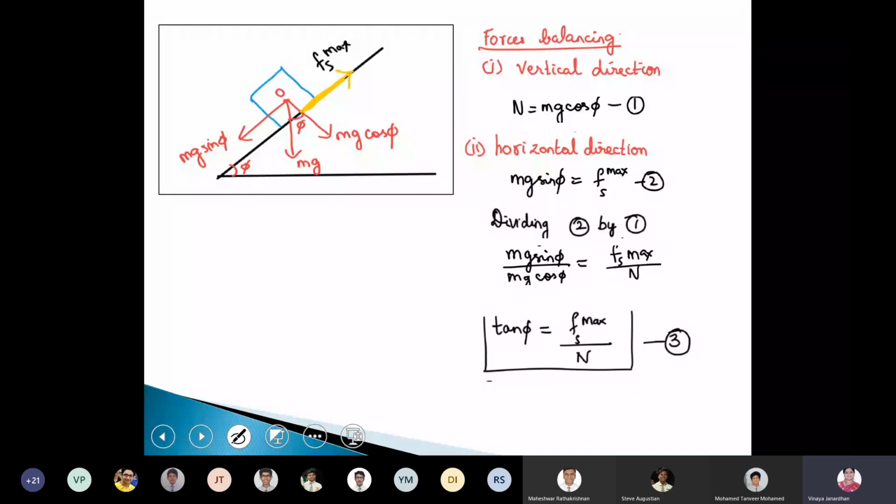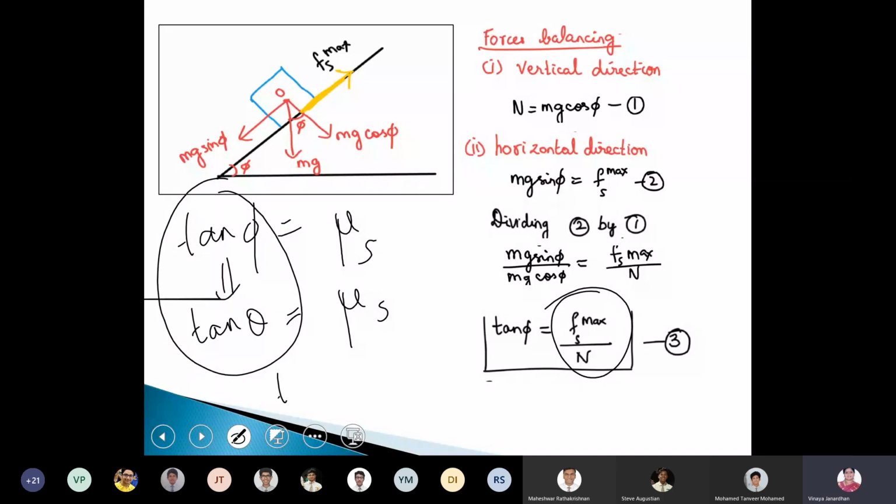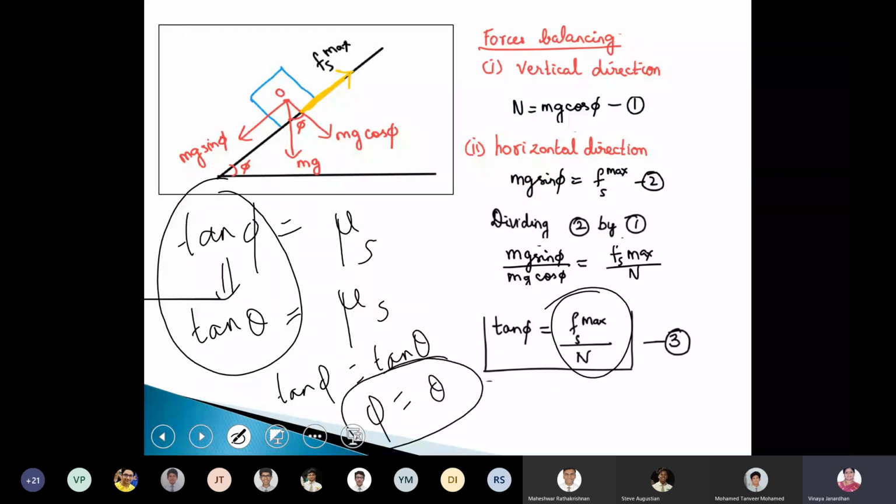Tan phi is equal to Fs maximum by N. So what is then tan phi? This becomes equal to mu s, because Fs maximum by N is the coefficient of static friction. In the previous slide, you had the angle of friction, that was also equal to mu s. So then we equate these both. So tan phi becomes equal to tan theta, or in other words, I can say the angle of repose is equal to the angle of friction.